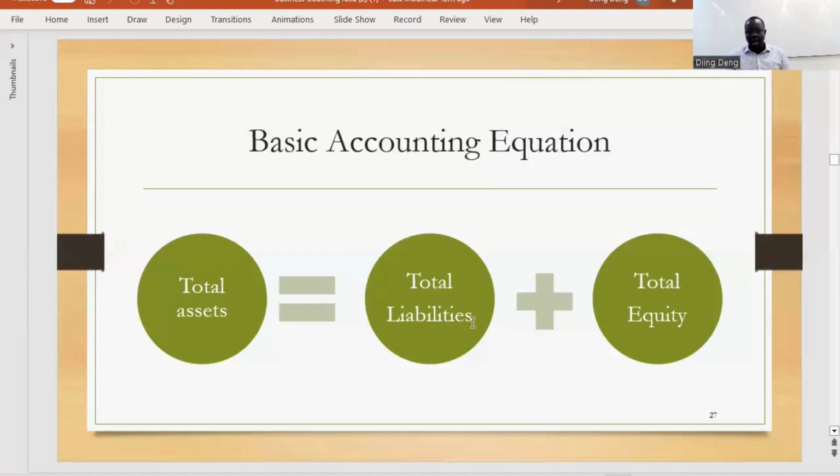Whenever you see a balance sheet, the total assets must be equal to the sum of total liabilities and equity. So the reason for this video is to help you understand the accounting equation. And the accounting equation comes from the balance sheet.